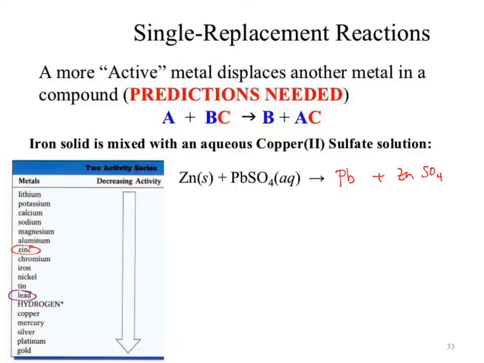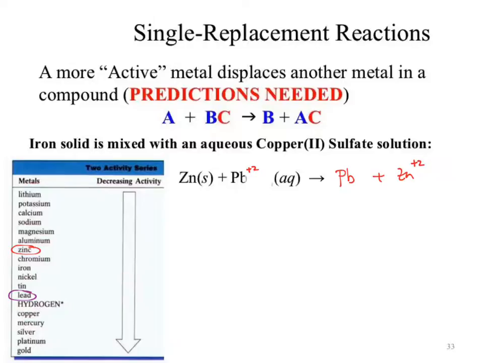Because you might hit this curveball, I think, after spring break, we don't necessarily have to show these partnered up with their ion. I could also go through and say that this is lead plus 2, and this is zinc plus 2.